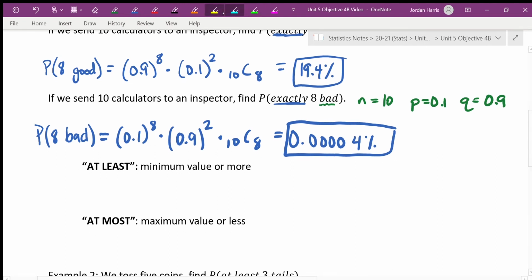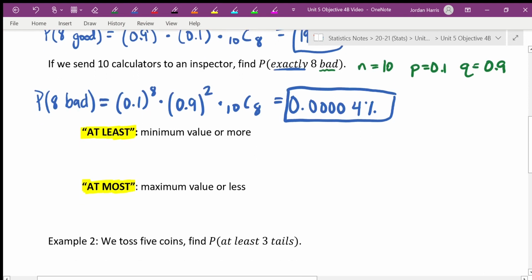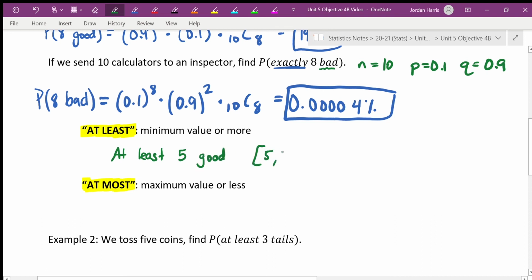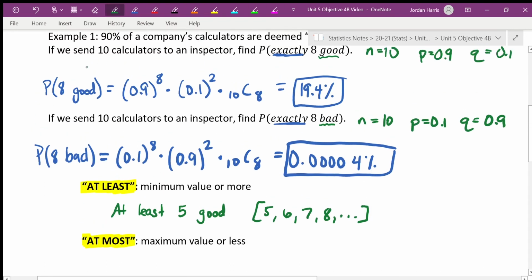So now we have at least and at most. Okay, so with at least, if I had a question like at least 5 good, that means I need 5, 6, 7, 8, wherever the highest number goes. So in this question right here, if it was at least 8 good, we'd have 8, 9, and 10.